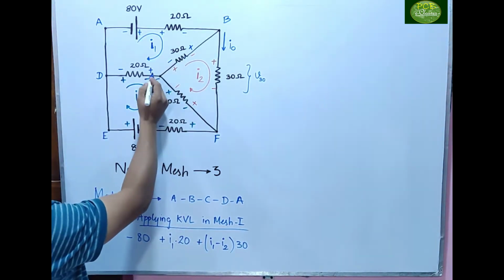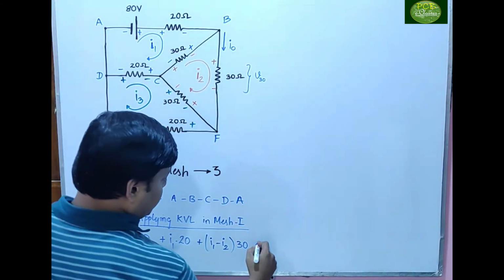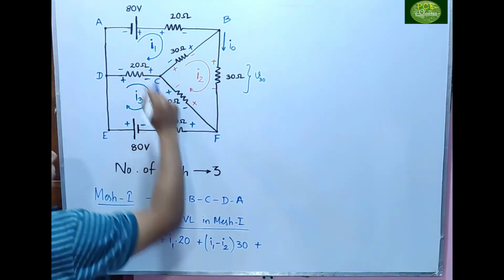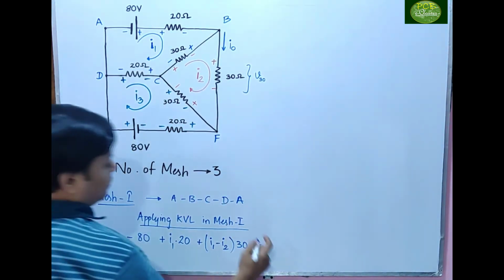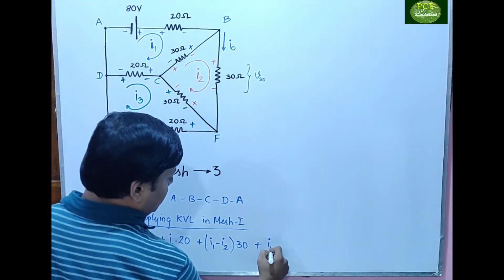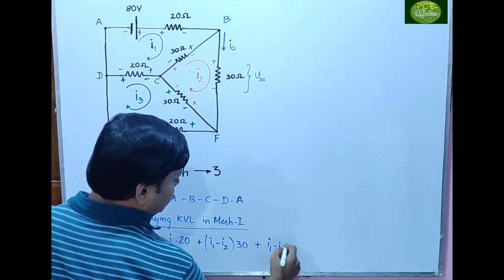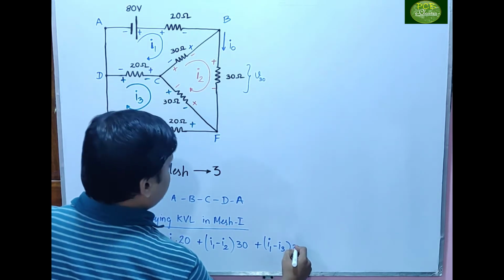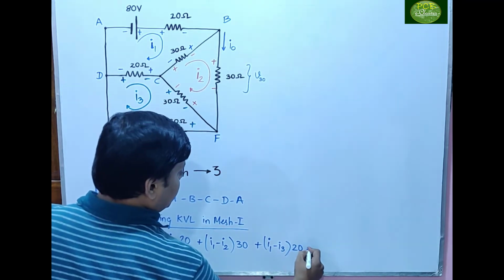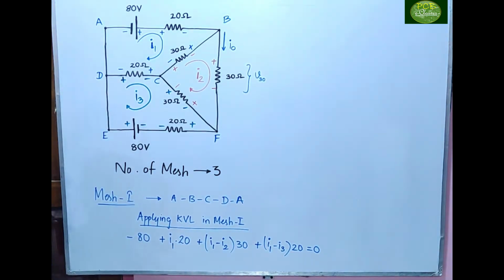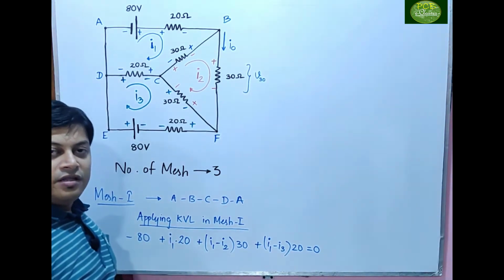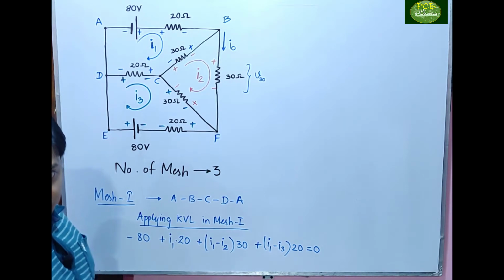Next, where does it enter? Positive, plus. Is there any other current flowing? Yes, I3. So I'll write I1 minus I3 multiplied with 20, that is equal to 0. This is my first KVL equation, the first mesh KVL equation.